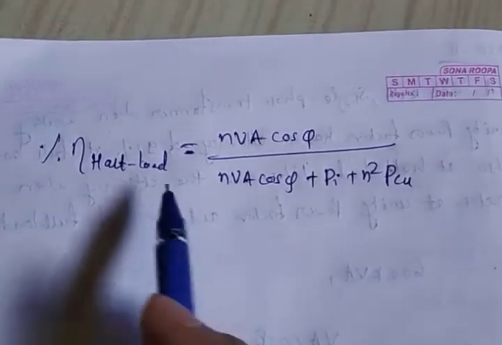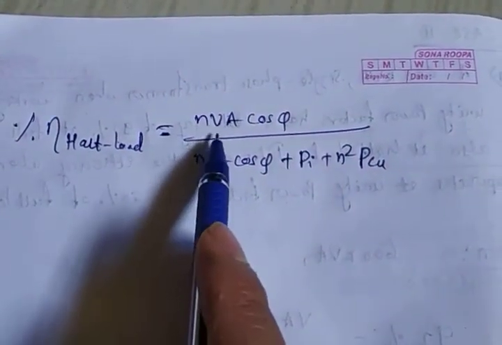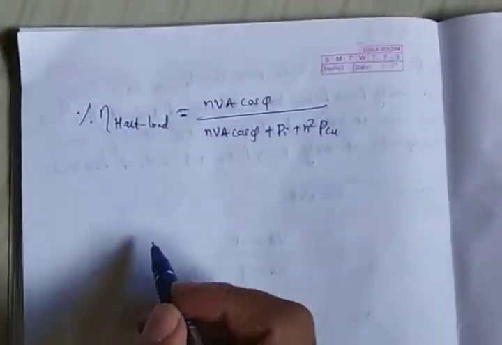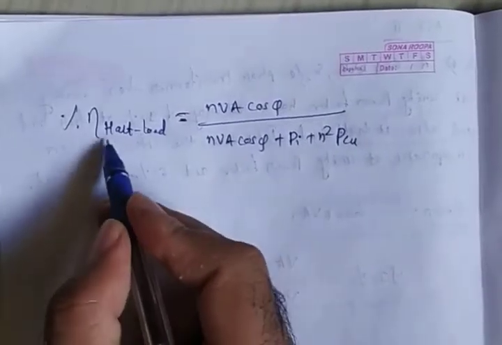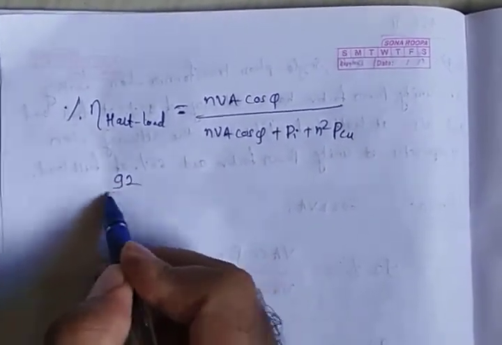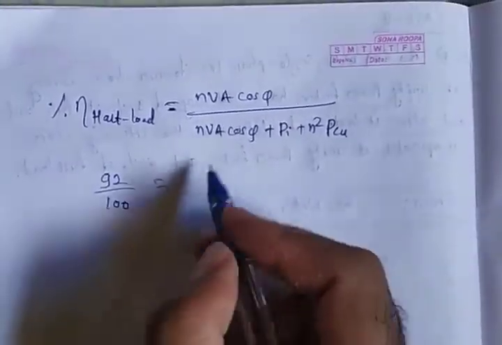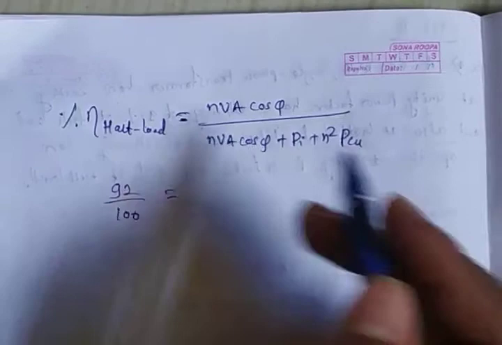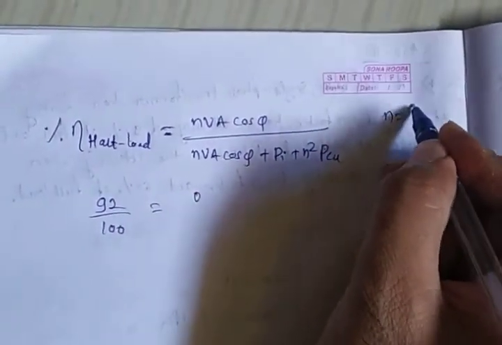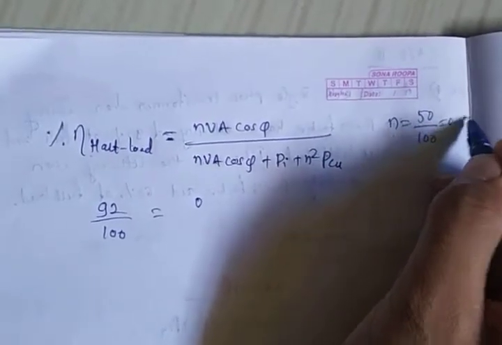So now I write the efficiency formula at another load condition. Now I will substitute the values, 92% at half load also. So this becomes 92 by 100. Half load means n is equal to 0.5, because n is the value of actual load, which is 50%, where full load means 100%. So you get 0.5.